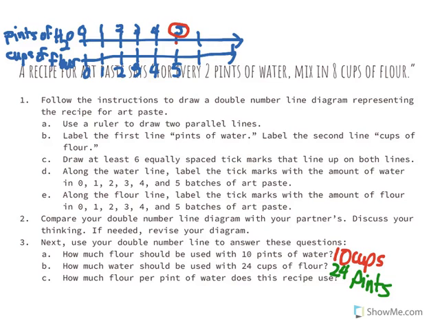So on the first question here on A, it told us 10 pints of water. Did you notice that's 10 cups of flour? On B, 24 cups of flour is needing 24 pints of water.